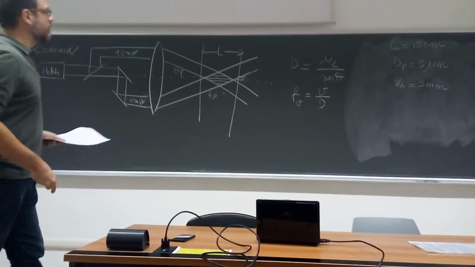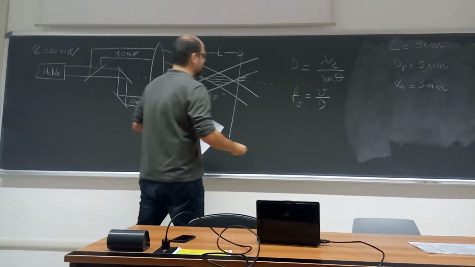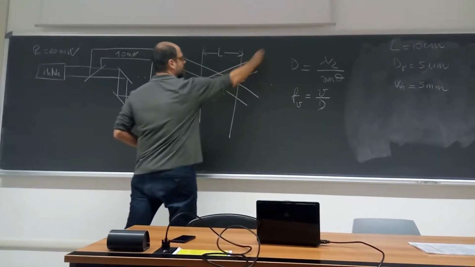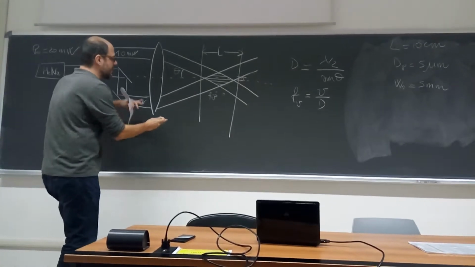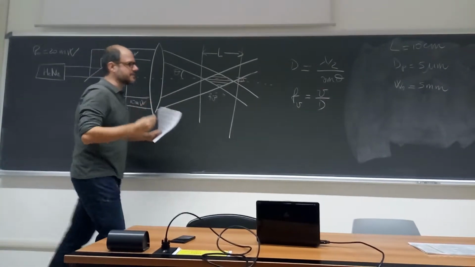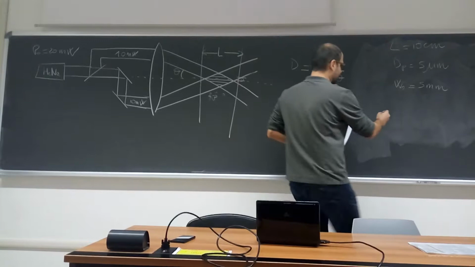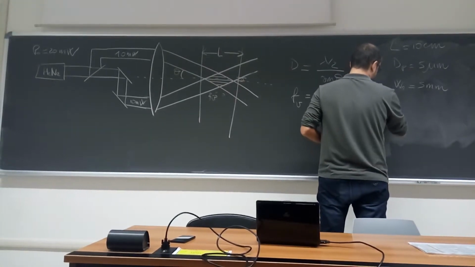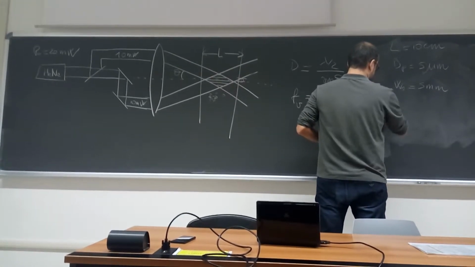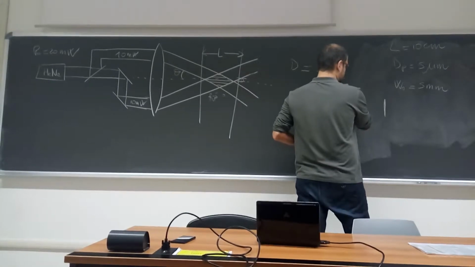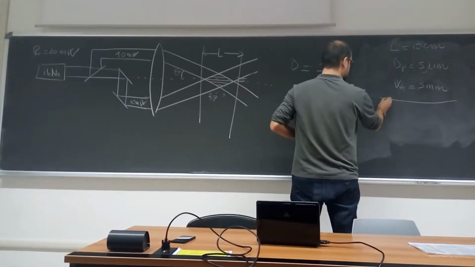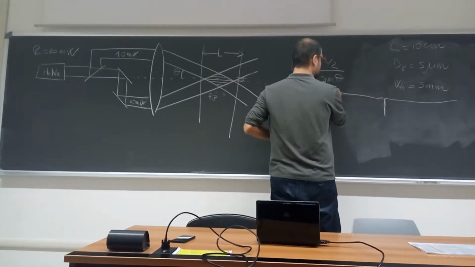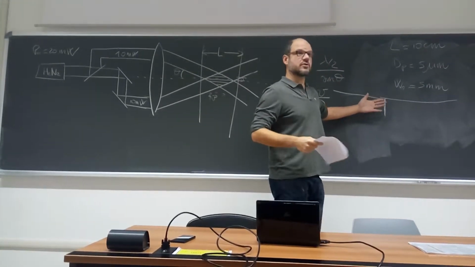Now, first thing, what is the beam divergence from here in the far field? Of course, here I have used the parallel line, but the reality is that when we are in the focal plane, we have something like this. Let's say this is the section of the beam.